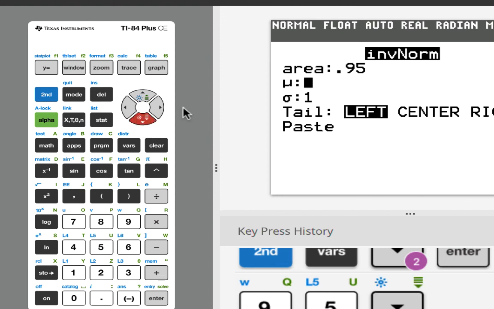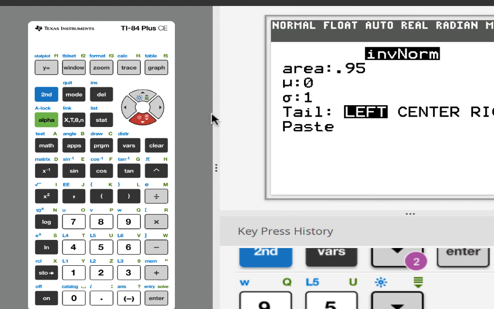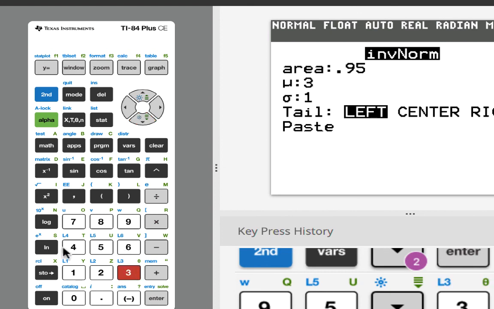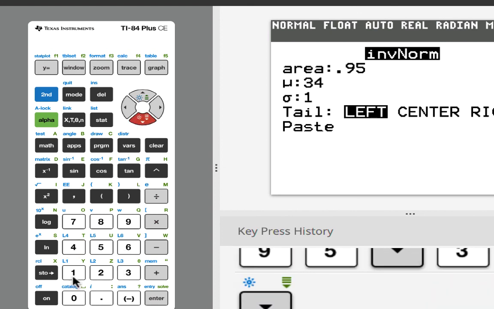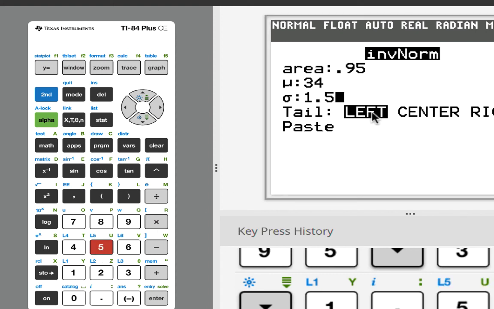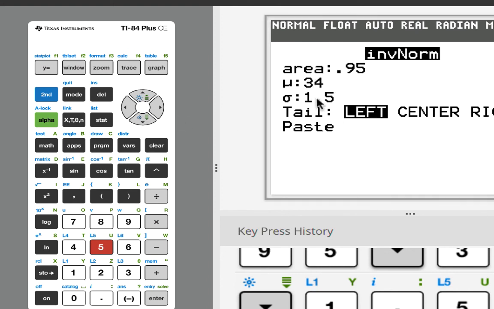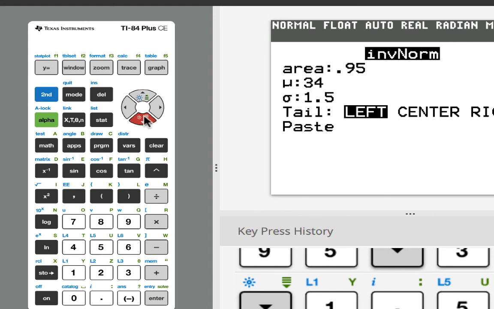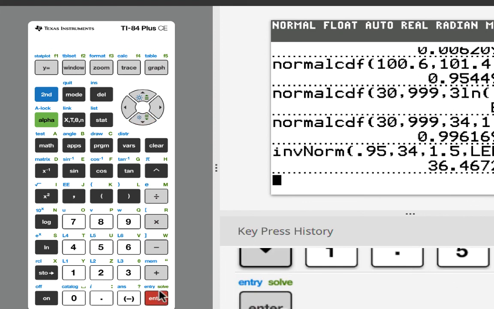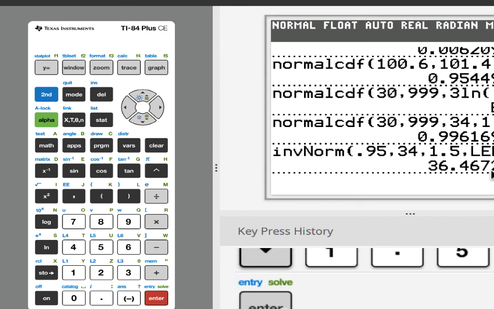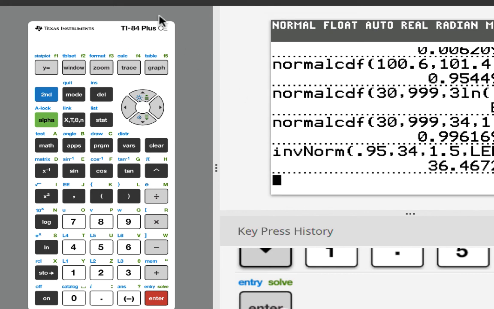The mean here is 34 years, and the standard deviation was 1.5. Remember, tail is left. This is the latest calculator I have, but if you have an old one, by default it is always left, guys. Keep that in mind. So these are the 3 values you need, and do not touch the left center here. Just take your cursor to paste and then enter. And you will get the answer to be 36.46, so 36.5 years.